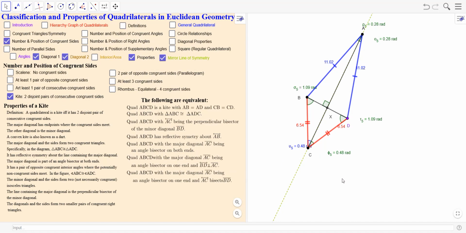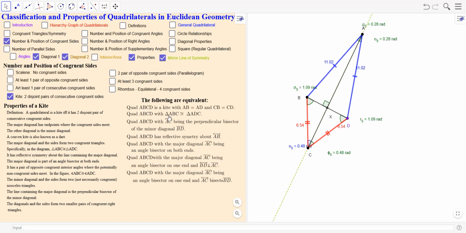And remember, I asked you about some of those converses. Hopefully you stop and explore this on your own. But here are some things that are equivalent. Quadrilateral ABCD is a kite with AB equal to AD and CB equal to CD. That's equivalent to saying we have a quadrilateral with triangle ABC congruent to triangle ADC.